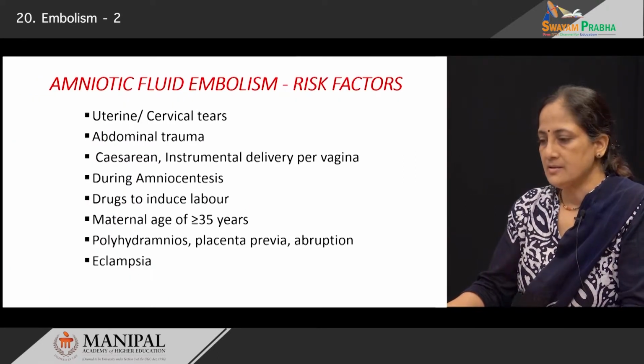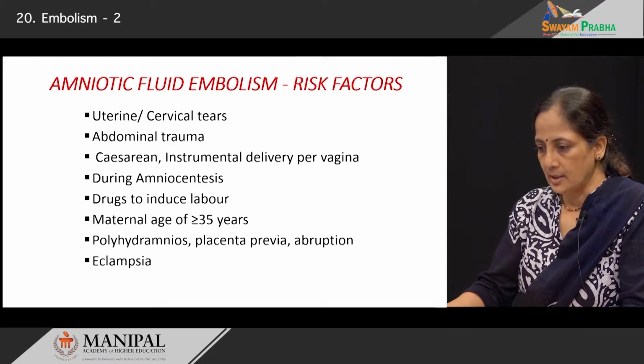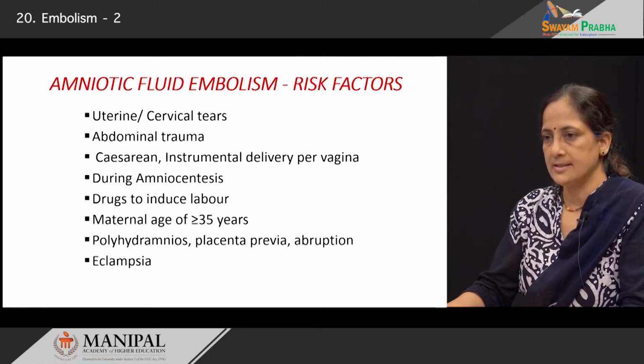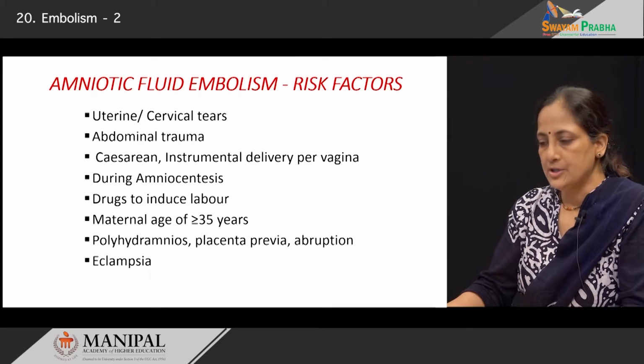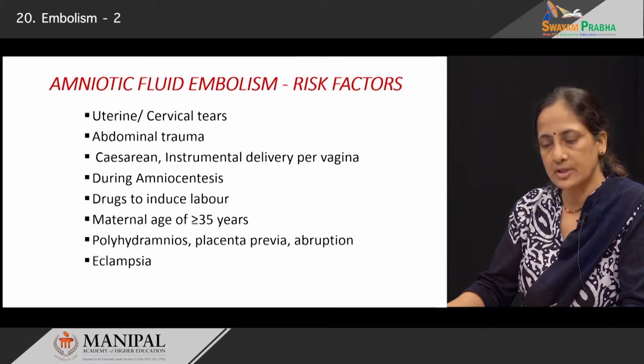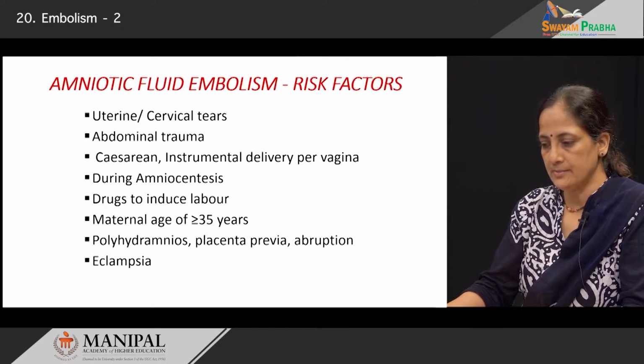The risk factors for amniotic fluid embolism include uterine and cervical tears, abdominal trauma during pregnancy, cesarean sections, instrumental delivery per vagina resulting in tears locally, amniocentesis, and drugs used to induce labor, for example misoprostol, where the forced contractions may drive the amniotic fluid into maternal vasculature.